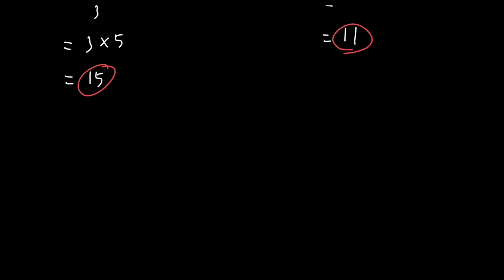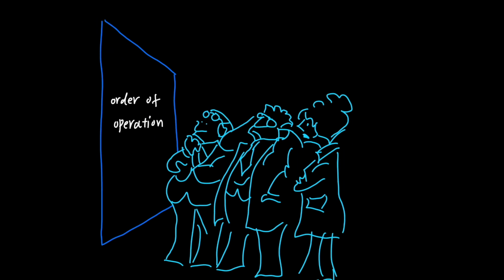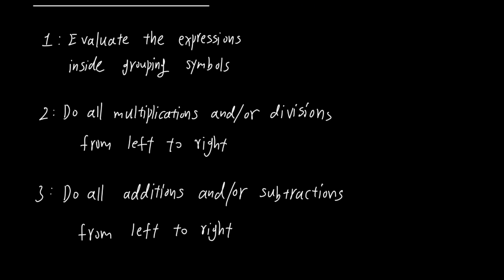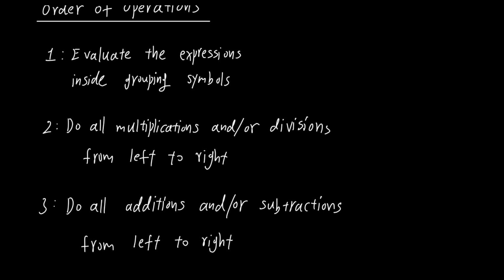So at this time, mathematicians said we gotta create rules that everybody has to follow in order to avoid confusion. So they call it order of operations. Order of operations simply means just three rules and you're just gonna follow them when you do the operations. The first rule is to evaluate the expressions inside grouping symbols.